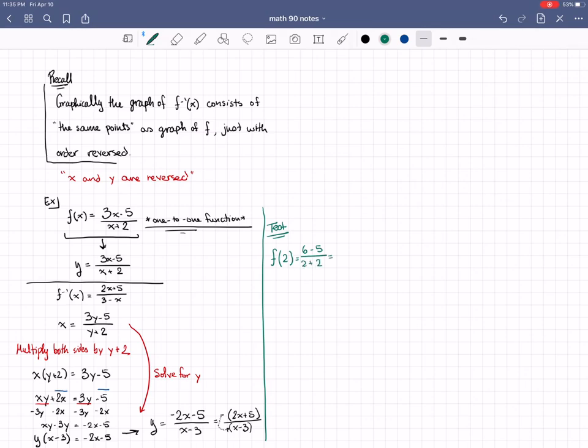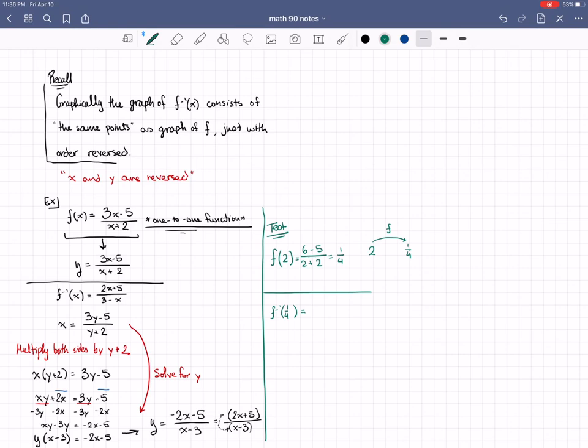So that's 1/4. What we're seeing here is that f sends 2 to 1/4. So what we're really hoping for is that f inverse of a quarter is 2. That f inverse sends a quarter back to 2.